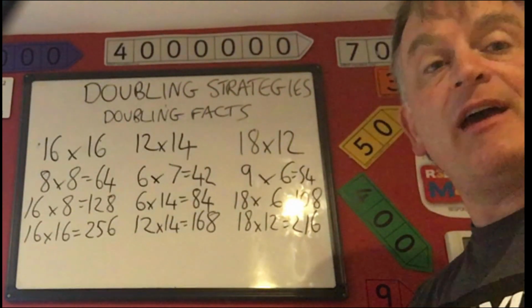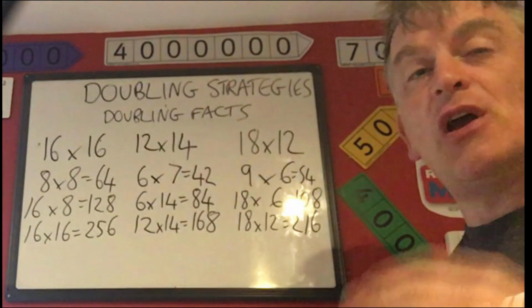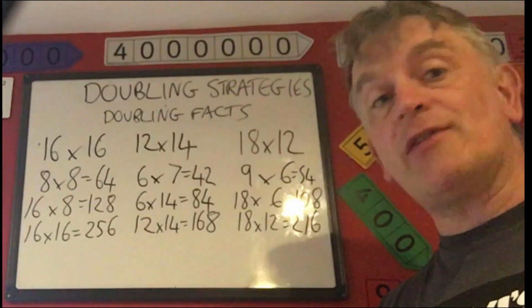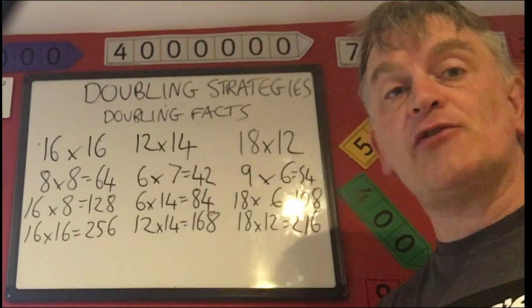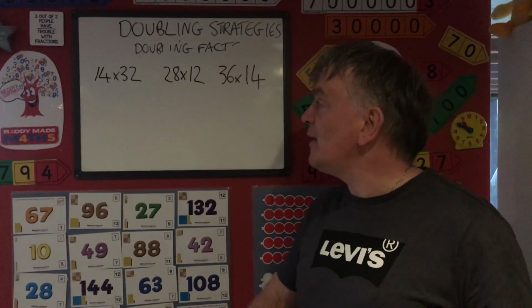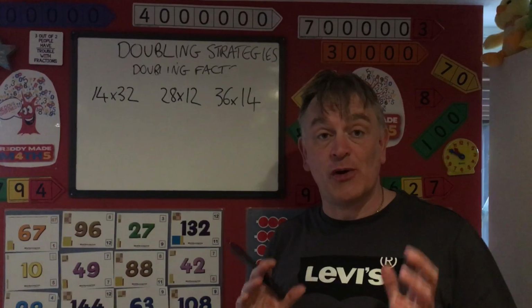So hopefully you found that a really useful strategy. What I'm now going to do is finish with maybe 3 slightly more complicated ones, which I'd like you to have a go at in your own time, and then we'll look at the solutions. For the final 3 calculations, take a look at those 3 and decide what calculations we're going to start with.